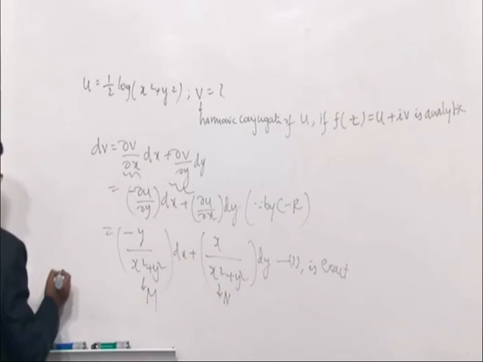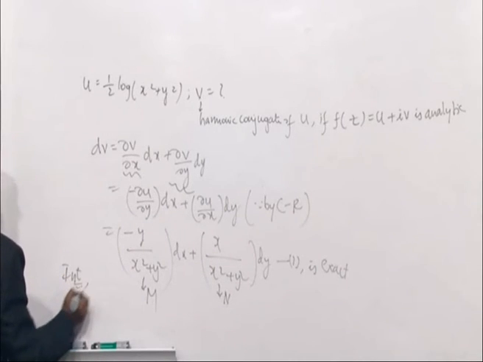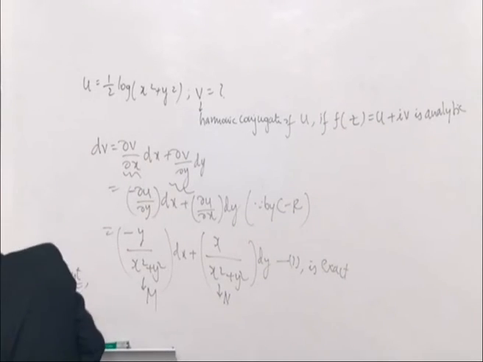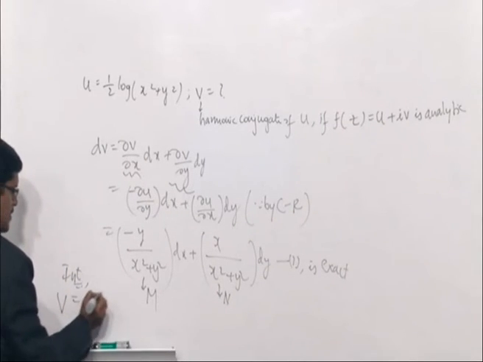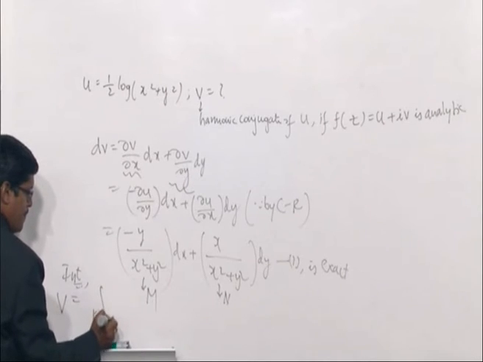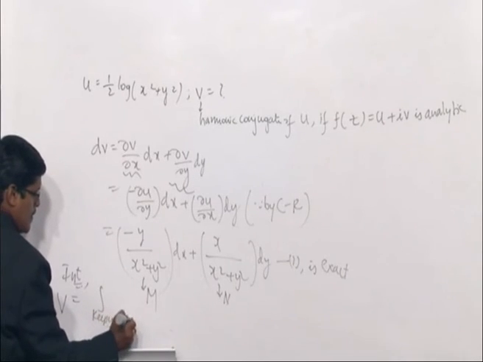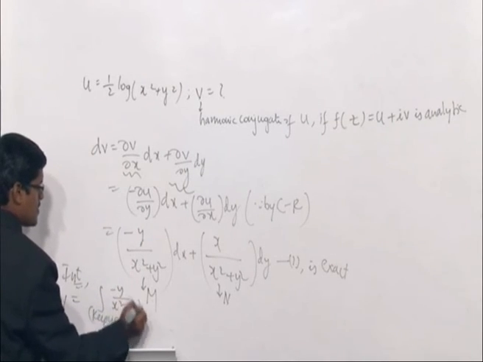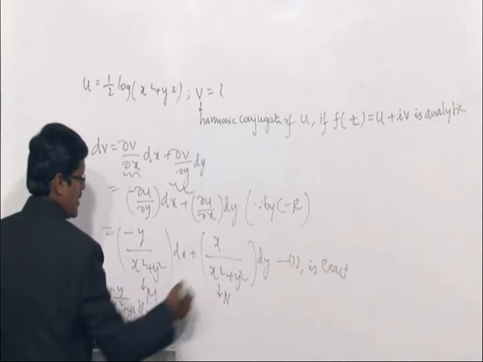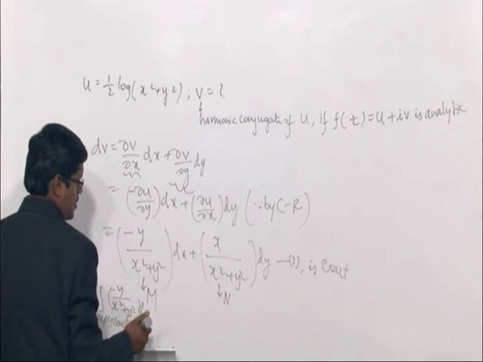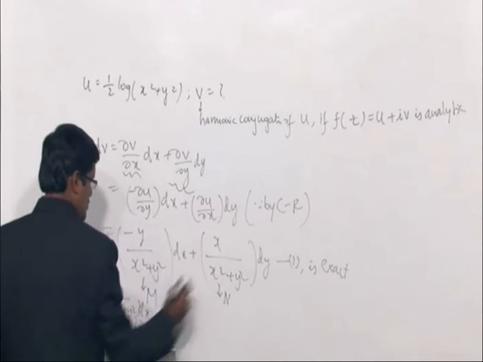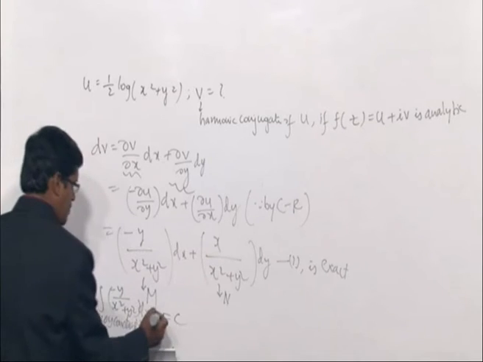Okay, so integrating, you will be getting v only on the left side. On the right side, integrate keeping y constant, the term going to integrate here being minus y over x square plus y square dx. Here no terms contain only y, so leave it, then add plus c.